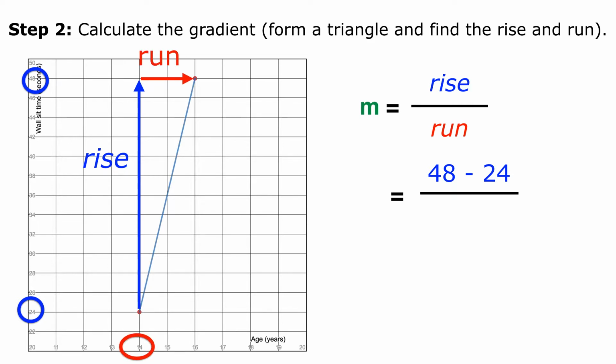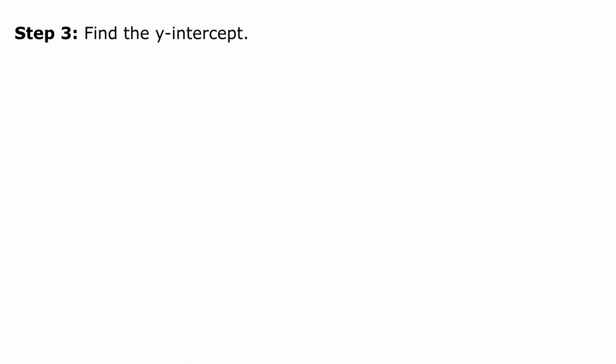And that's going from an age of 14 across to an age of 16. So that's a difference, 16 minus 14, it's a difference of 2 years. So we've got 24 divided by 2, our rise divided by our run. And that's going to give me a gradient of 12. Okay, so I have my gradient.